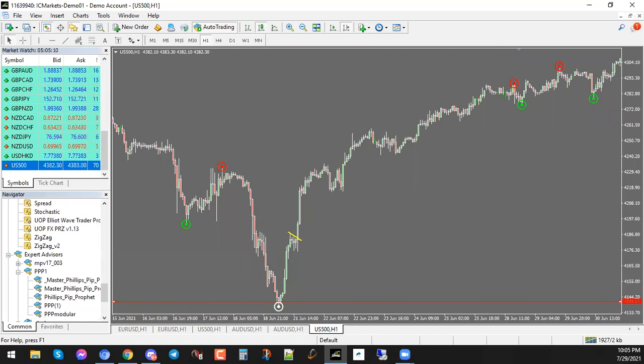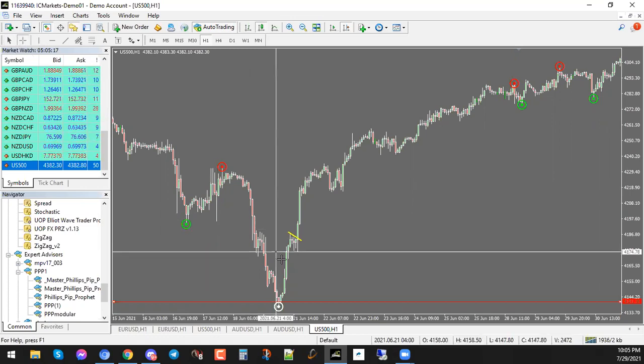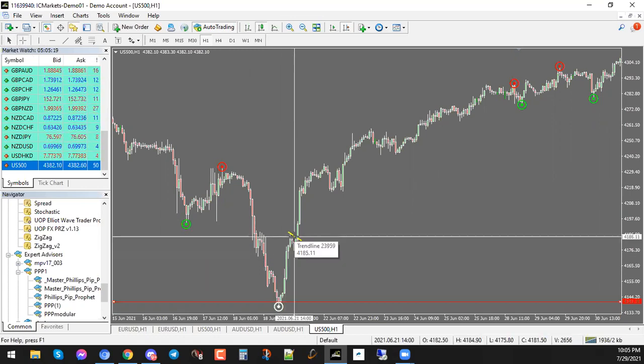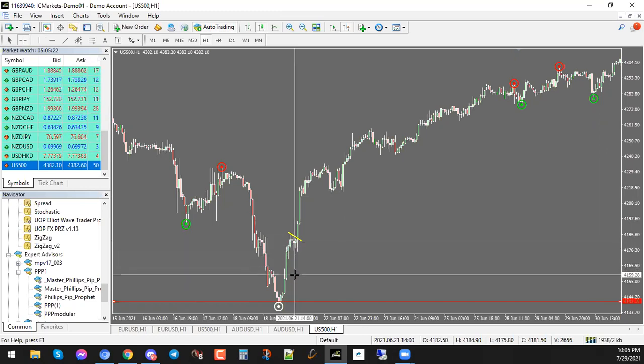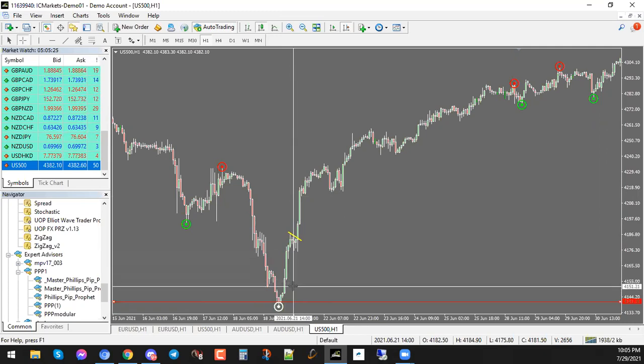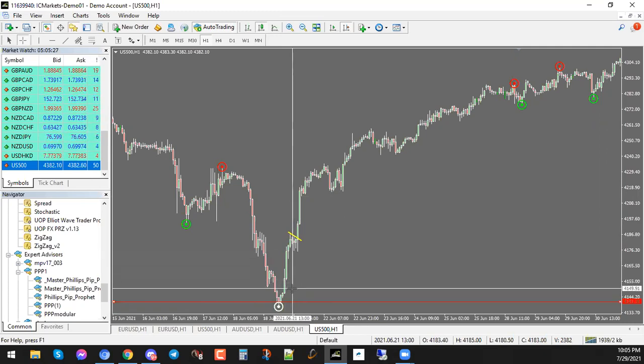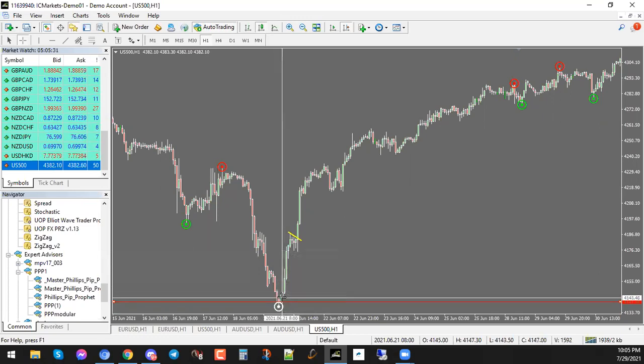So Mario says, so the best entry is 4150, 4160 area. Let me see if this is what Mario is talking about. 4150? No. No. This would not be an entry down here, Mario. This is not your entry.